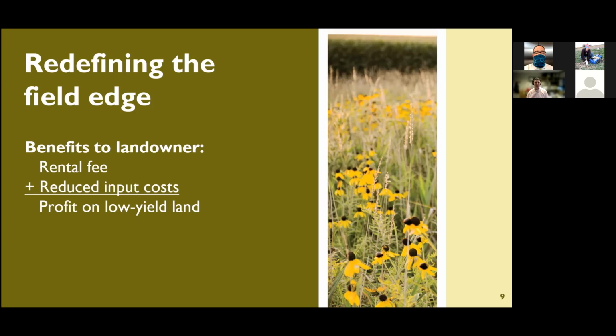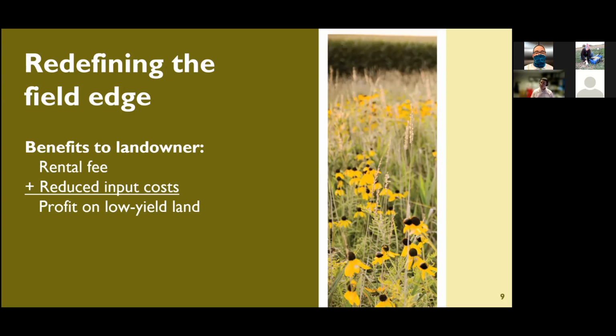But then the tenant has the cost of production, right? Those input costs. This is one of those things where the art is in the deal, so to speak, in that it may make sense to negotiate taking some land out of row crop production, putting it into a perennial species, and then rebalancing the cash rent to account for that. So there could be some trade-offs that occur there, right?